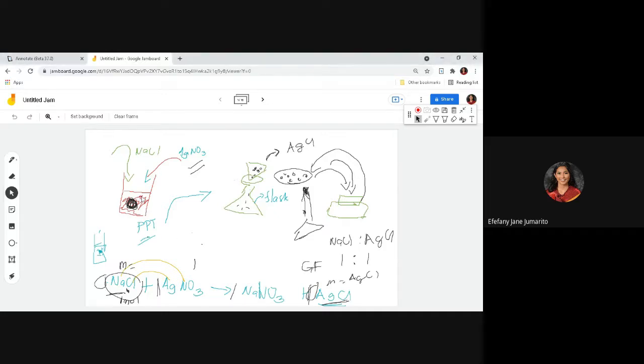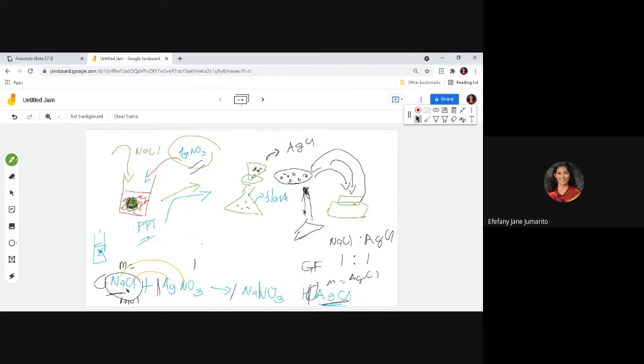Because we cannot weigh it directly, we put in AgNO3 or any other precipitating agent so that we can form a precipitate.